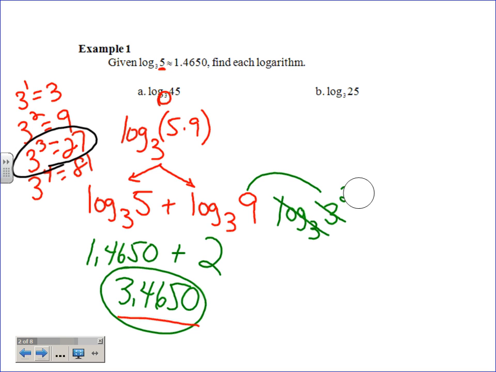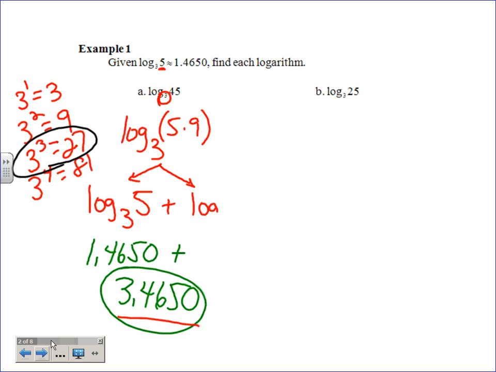I'm going to have to erase a little bit here. Well, this is not one we know, but we do know log base 3 of 5. There's actually 2 ways this can be done. Hannah? Okay. So 25 is 5 times 5.